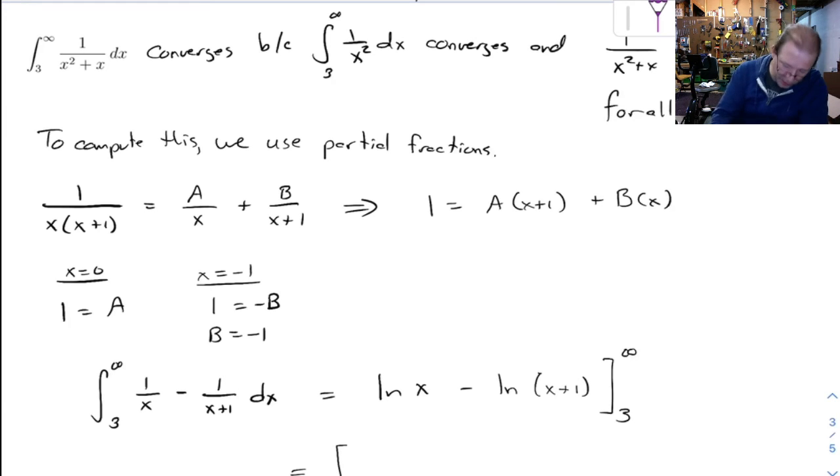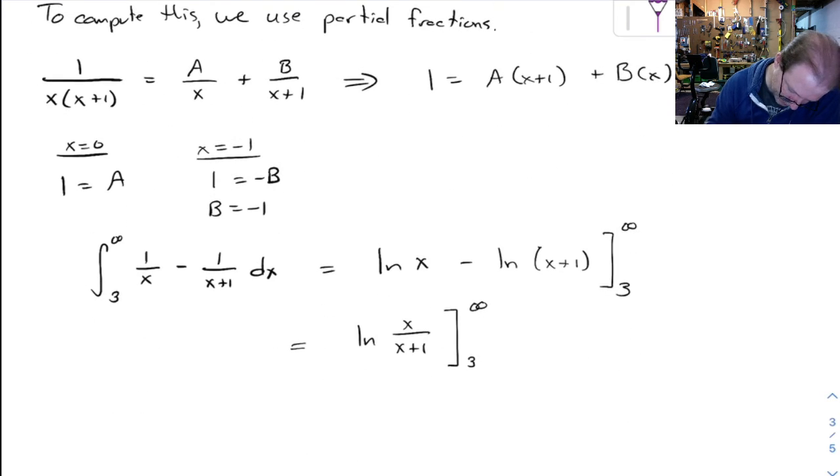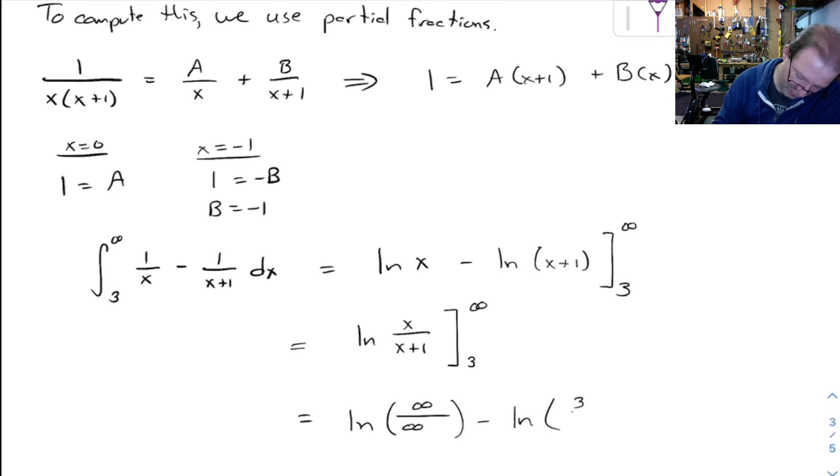Okay, if you plug in the infinity, let's not plug the infinity in. Actually, before we do that, let's use our log rules to put this together. You get ln of x over x plus 1 from 3 to infinity. And now we get ln of infinity over infinity minus ln of 3 over 4.